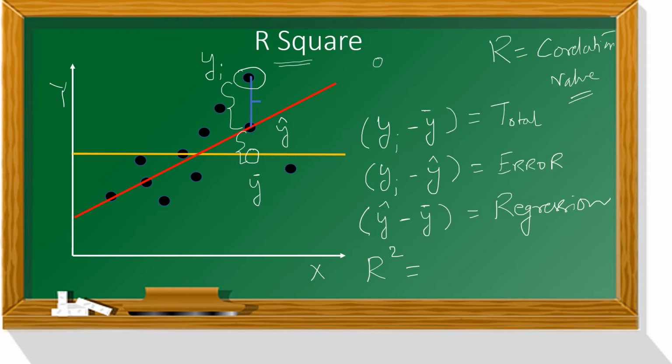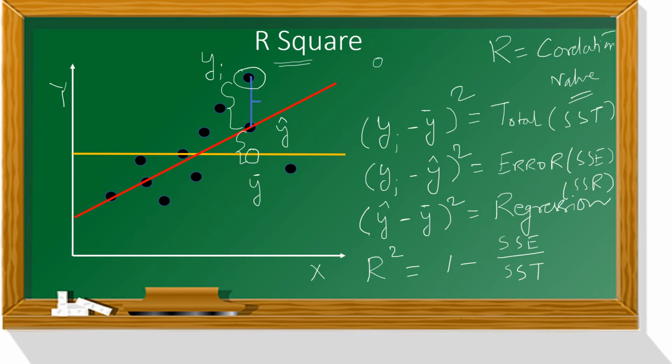Now this R square is actually given by the formula 1 minus sum of square of error by sum of square of total. What we do is basically we square these terms, and this is represented by SST, this is represented by SSE, this is represented by SSR.